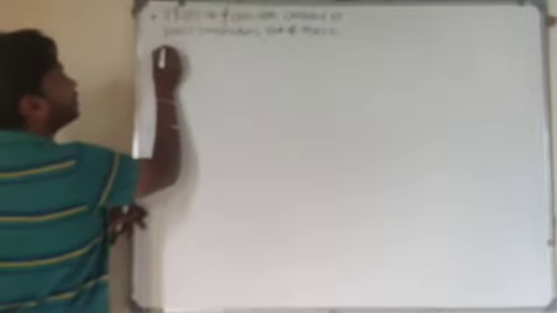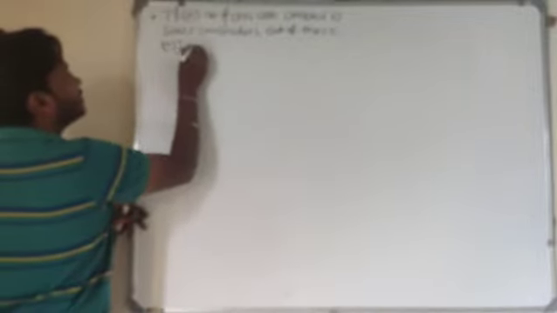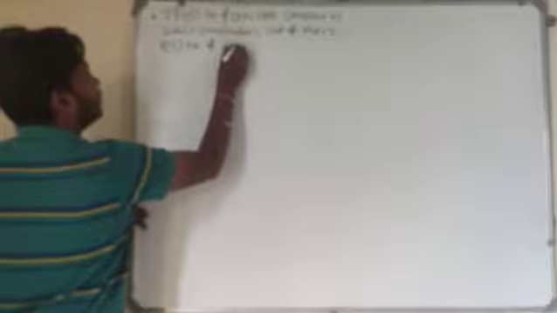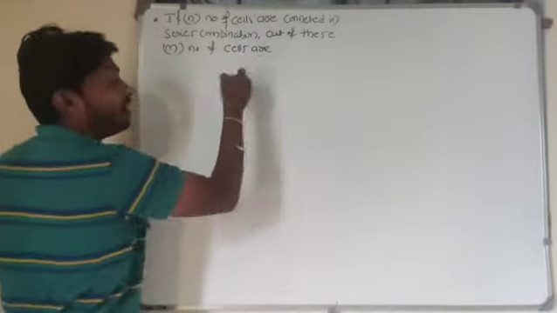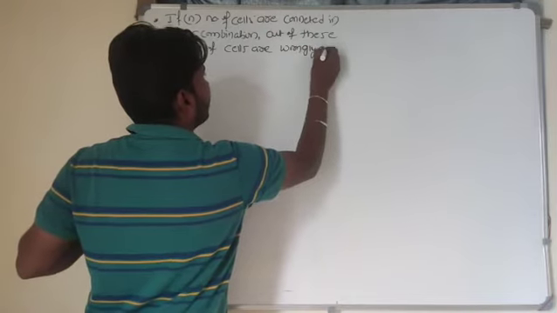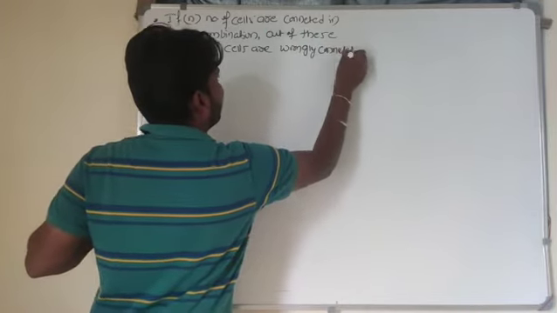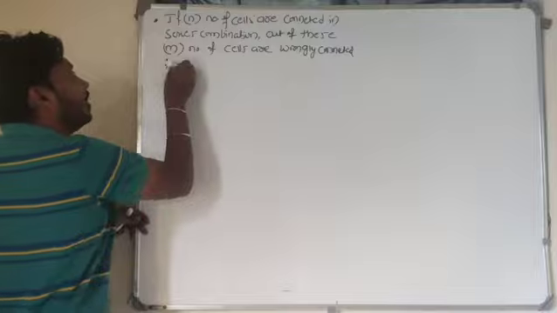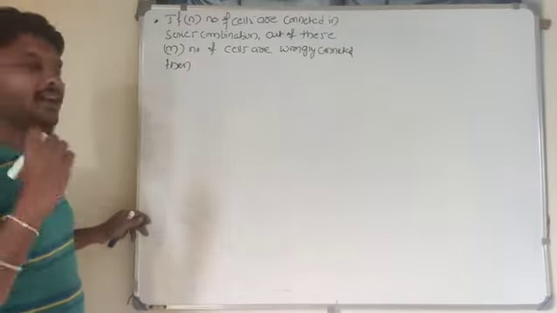Out of these, M number of cells are wrongly connected. Then now I have to find out the equivalent EMF and equivalent internal resistance.